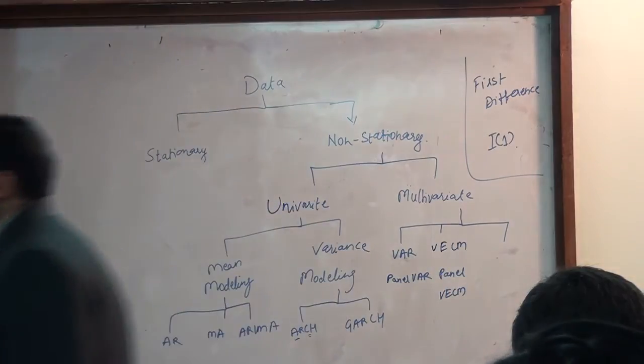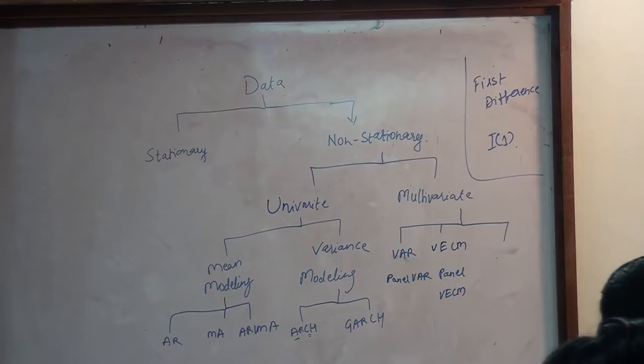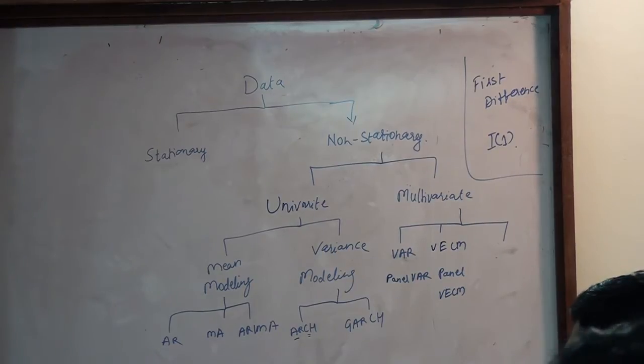What is the meaning of this error correction term? Don't worry too much about it. What they are trying to say is that although y is impacting x and x is impacting y, over a long time there is some error correction mechanism. It means they have a tendency either to come together or to spread out.